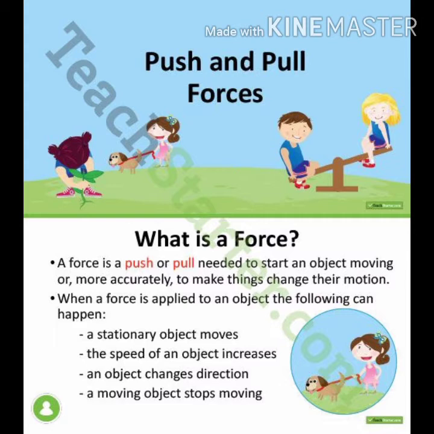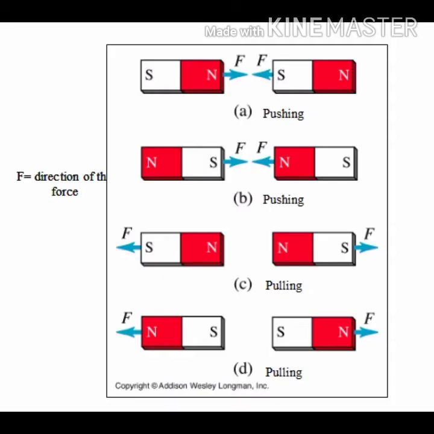And when does this force come into play? In your previous class, the 6th standard, you might have learnt that a magnet attracts a piece of iron towards it. Isn't it? If you bring an iron piece closer to the magnet, it is attracted towards it. So which action is involved?